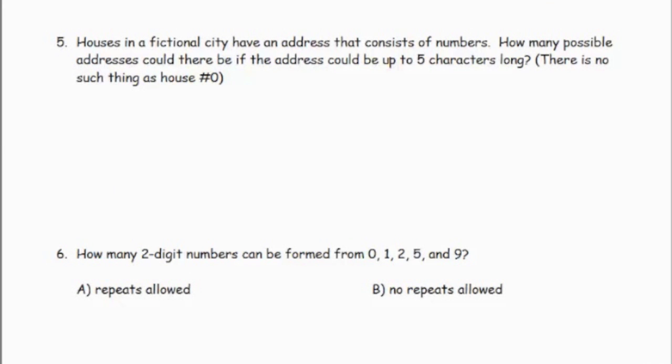All right. Houses in a fictional city have an address that consists of numbers. How many possible addresses could there be if the address could be up to 5 characters long? There's no such thing as house 0.